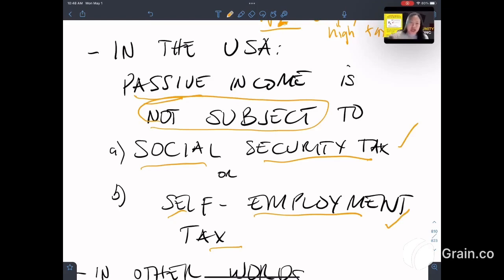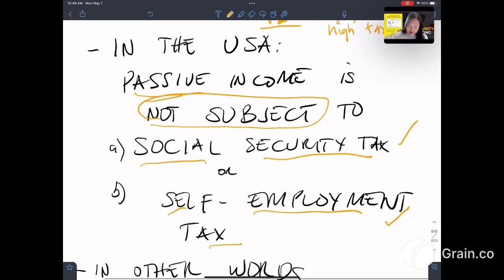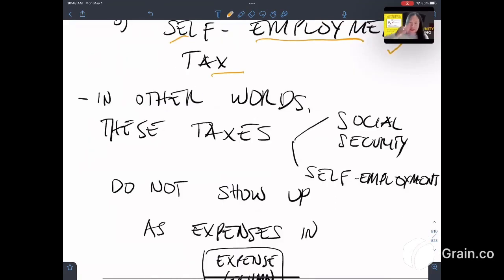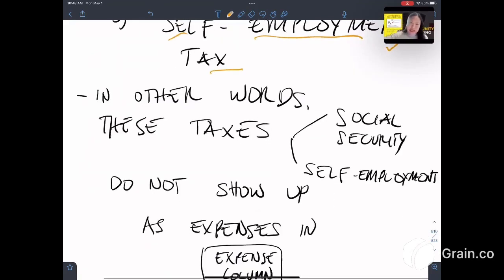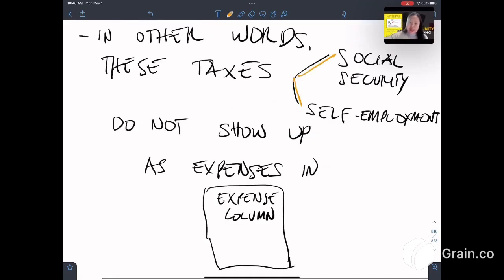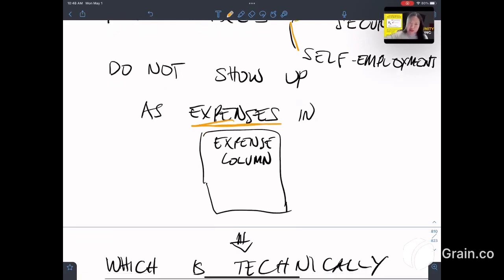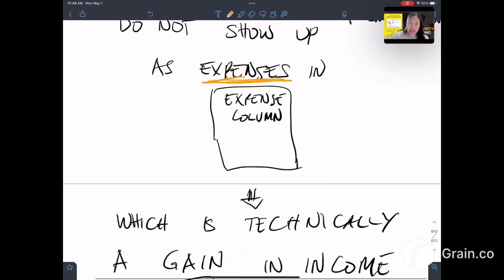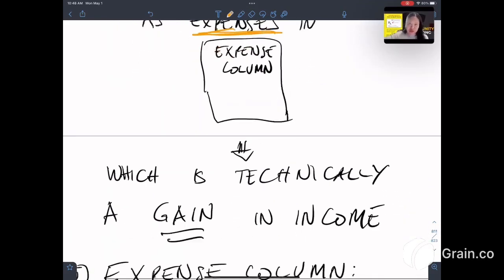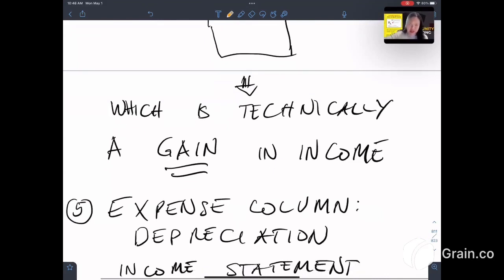So that means we have more money in our pocket. In other words, these taxes, Social Security and self-employment tax, do not show up as an expense in the expense column.